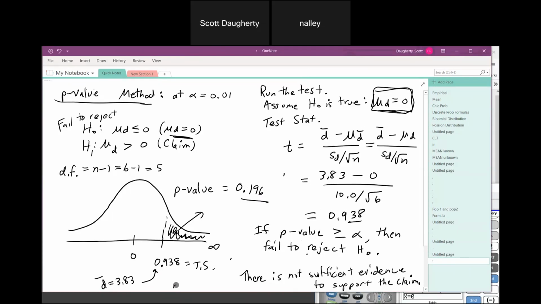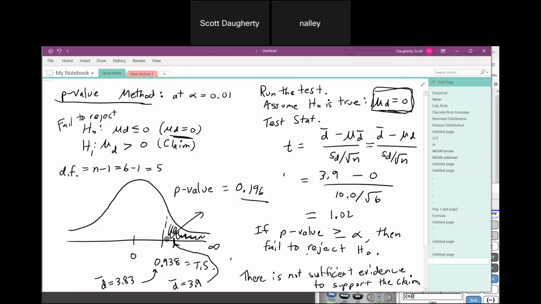If d bar had been something like 3.9, then that would have had a t-score, like a number of standard deviations. If you write that as a t-score, then it would land somewhere in here, a little bit more than 0.938, because if this is 3.9, then this is going to go up a little bit, like 1 point something. I'm just making it up. It's going to be a little bit larger than 0.938 because it's further away.